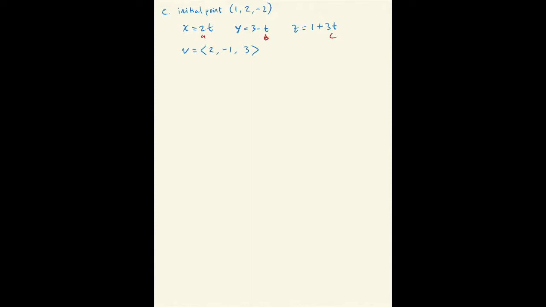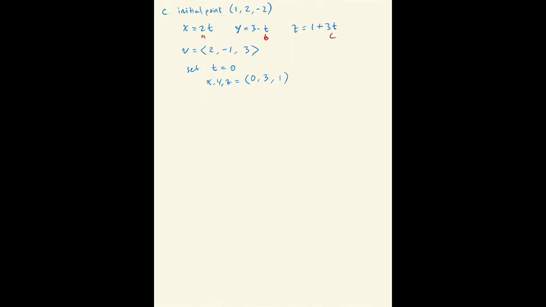The easiest way is to set t equal to some number, for example t equals 0. When t equals 0, my (x, y, z) becomes (0, 3, 1). I have this point when t is equal to 0.